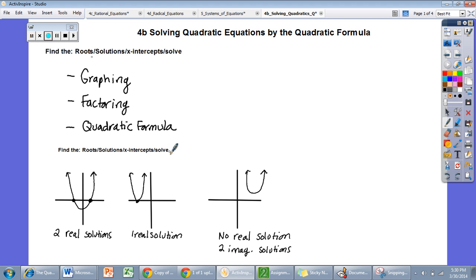So at least you've got it down to a 50-50. I also did want to talk about here the difference between a quadratic with two real solutions, one real solution, and no real solutions, because that really comes into play when we're talking about your quadratic formula. So if you've graphed it and you see what it looks like, you should see what types of solutions you're going to have.